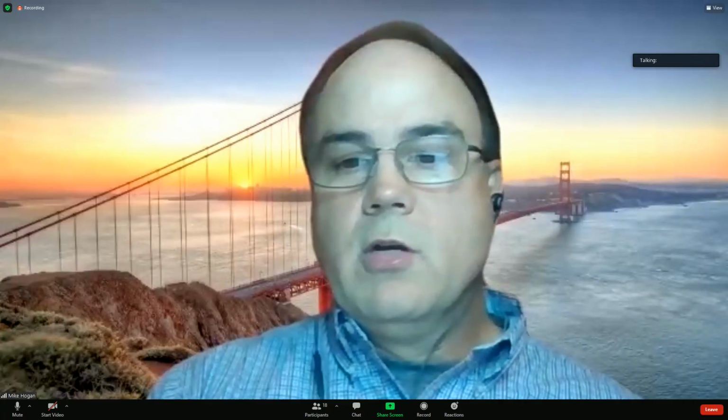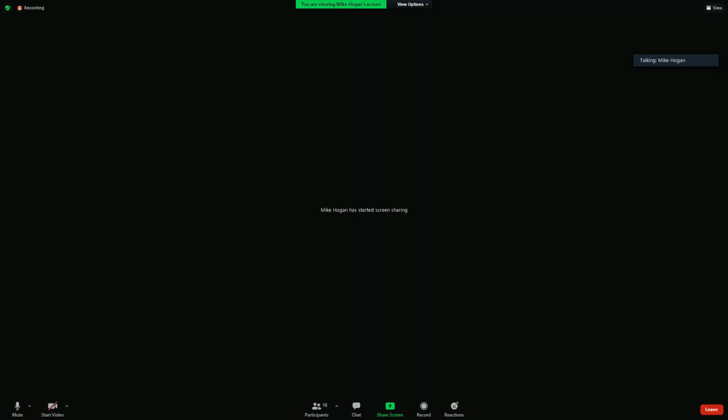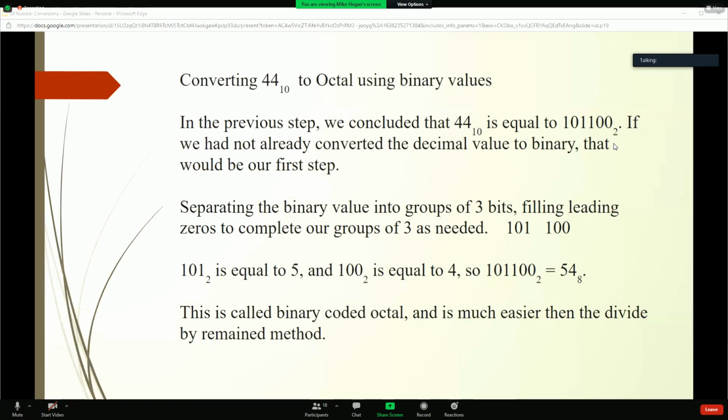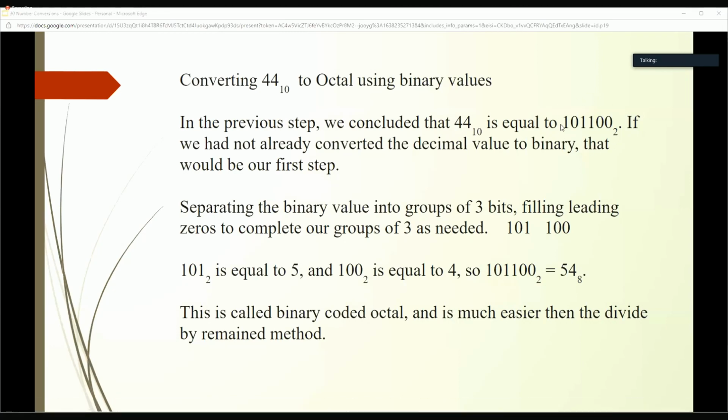The only reason I wanted to make that clear and to think about binary for a second is that we're going to convert this binary number to octal.